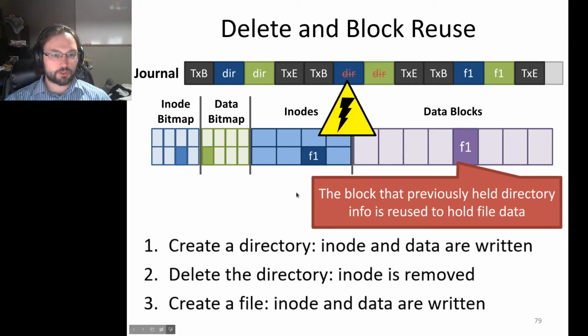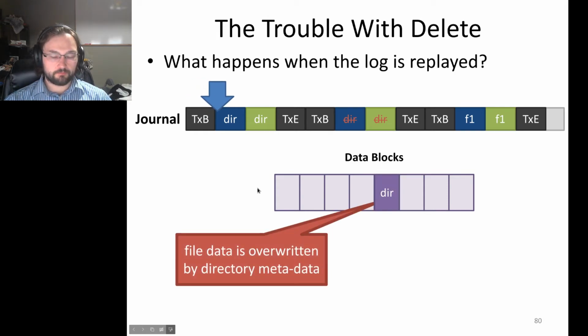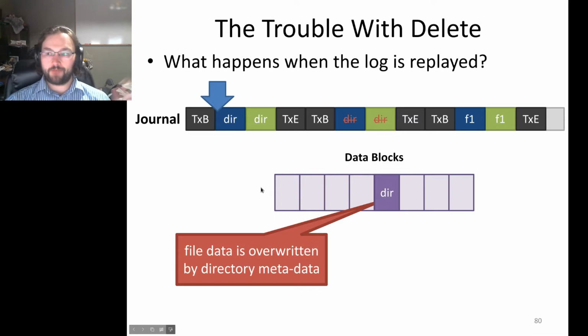Now we crash. Now we're going to replay the journal. And here's the confusing part. Because directories are not file data, in this set of slides, we're making the assumption that although file data doesn't get journaled because of metadata journaling, directory data does get journaled.